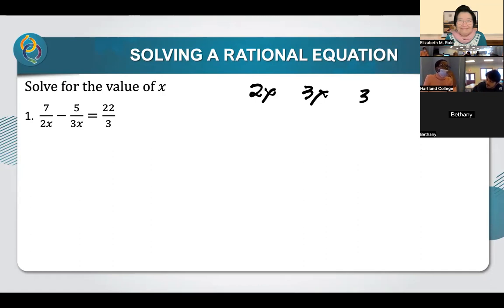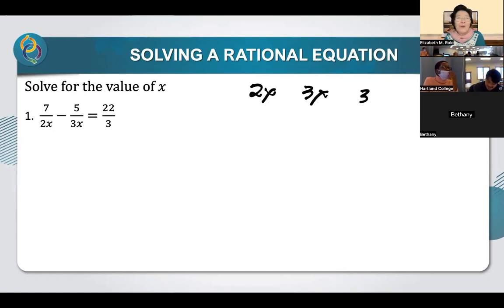What expression or what monomial will be divided by 2x, 3x, and 3? 3x? But can 3x be divided by 2x?